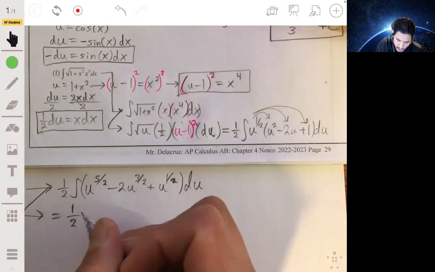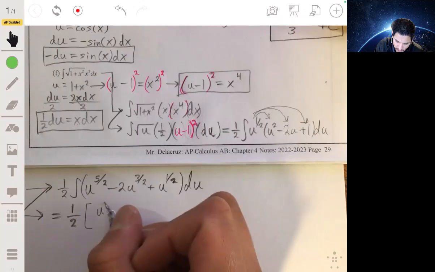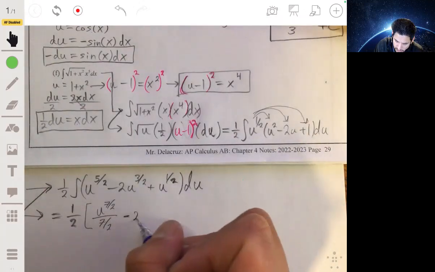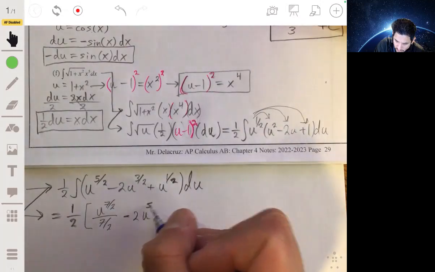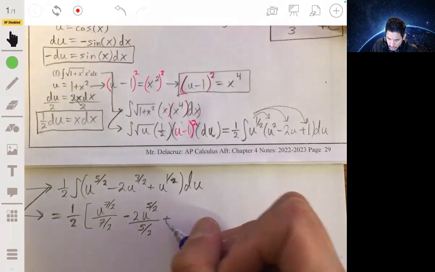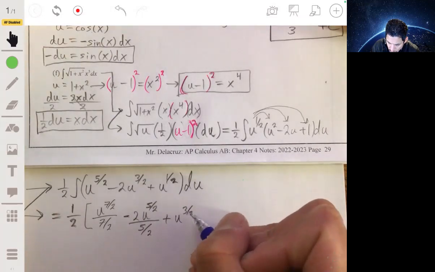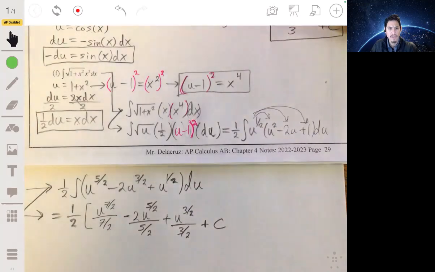So we have 1/2 times, adding 1 to the exponent, u to the 7/2 over 7/2, minus 2 times u to the, adding 1 to the 3/2, u to the 5/2 over 5/2, plus, adding 1 again to the 1/2, u to 3/2 over 3/2 plus c.